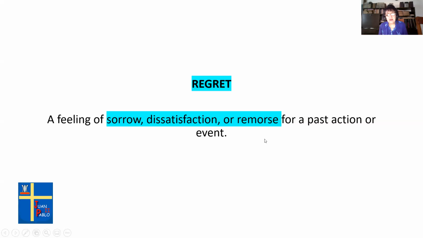In general, it doesn't really have to be a real sorrow or a real remorse, but a dissatisfaction. Something happened and we are thinking, what would have happened if it didn't? But it happened. Or sometimes it didn't happen.